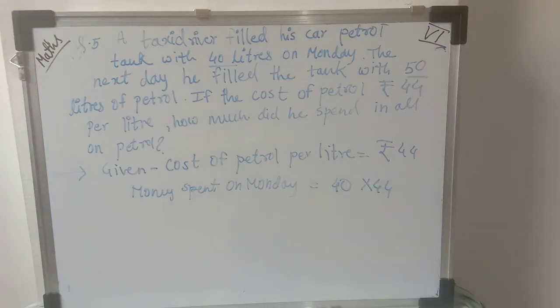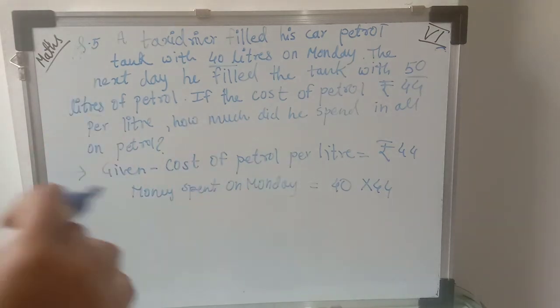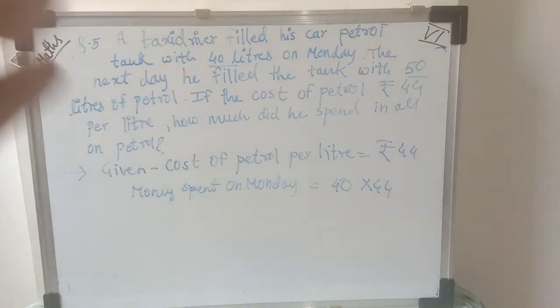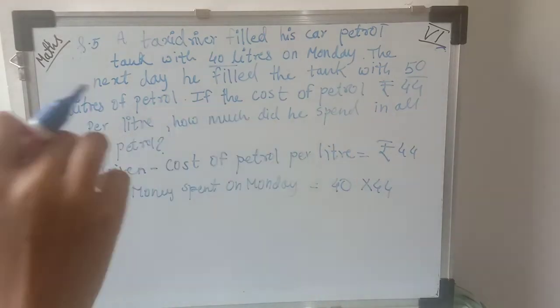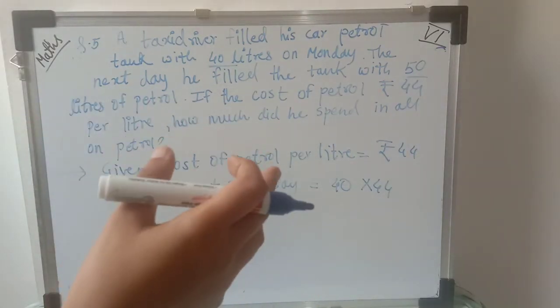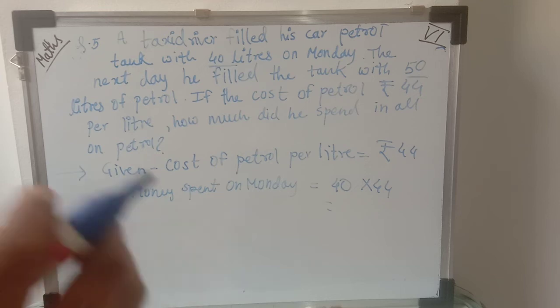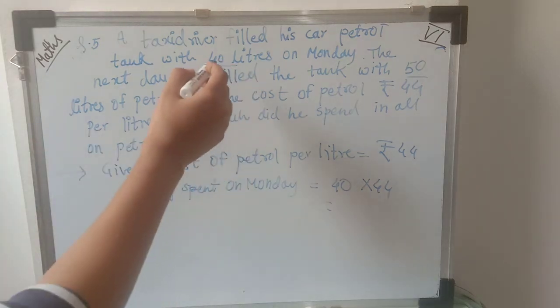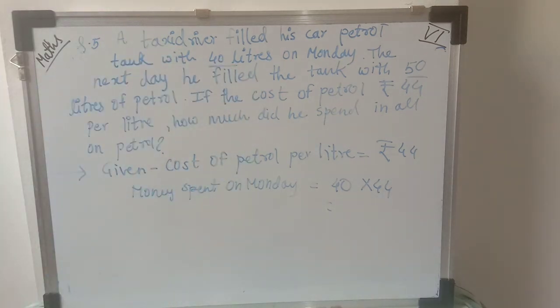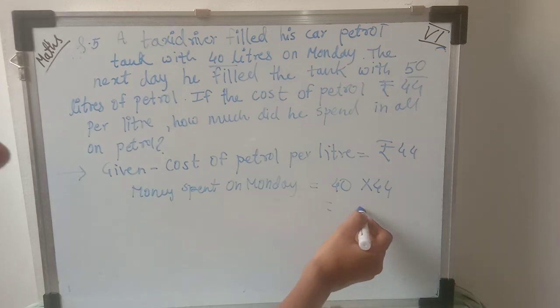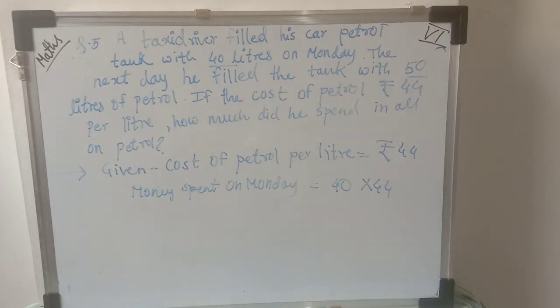We have learned in our previous session, when the cost of one thing is given and we have to find out for many, what we do is multiply the cost of one thing with the given number, to get the total cost. So here, if the cost of 1 liter of petrol is given, then we multiply the cost of that 1 liter with however much petrol was filled, only then will we get the answer. So this is the given.